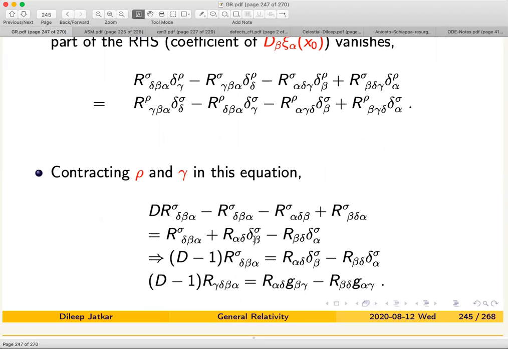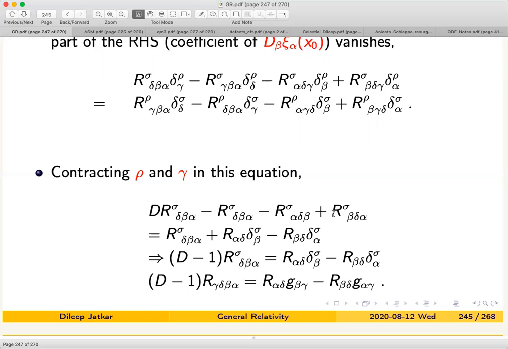One of the things you will realize is that there are some terms which are identical. For example, you have R delta beta alpha here as well as here. You can arrange these quantities in a particular fashion. Look at the terms R alpha delta beta, R beta delta alpha, and R delta beta alpha.